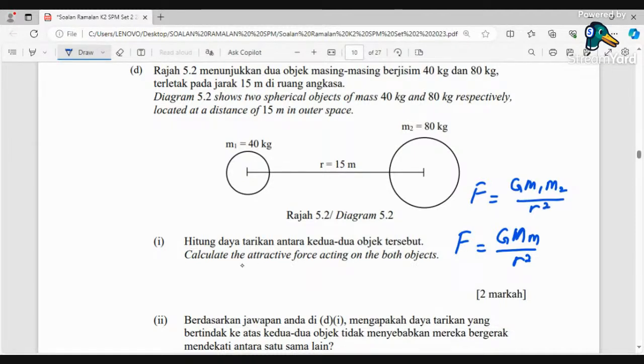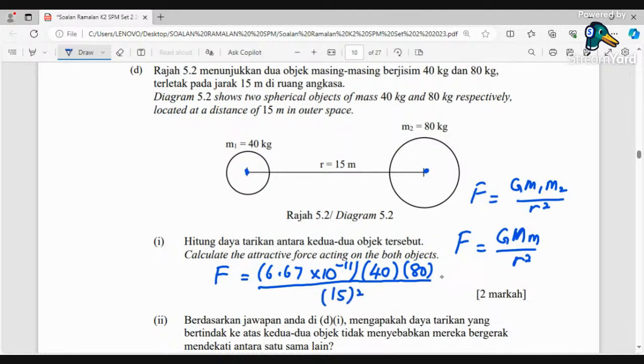Sama je. Okay, jadi F equals G. Apa G, check daripada list of formula, 6.67 times 10 power negative 11. Okay. Mass 1 is 40, mass 2 is 80. Okay. Distance between centers 15. Don't forget the square one.